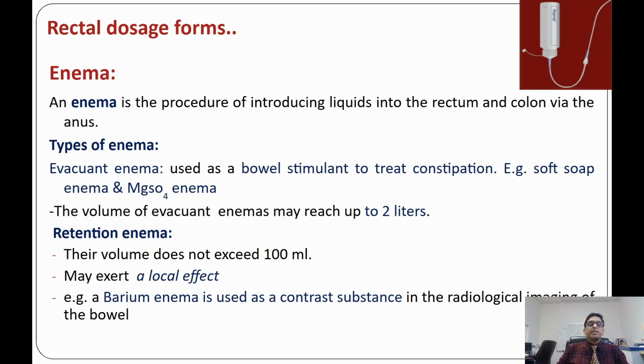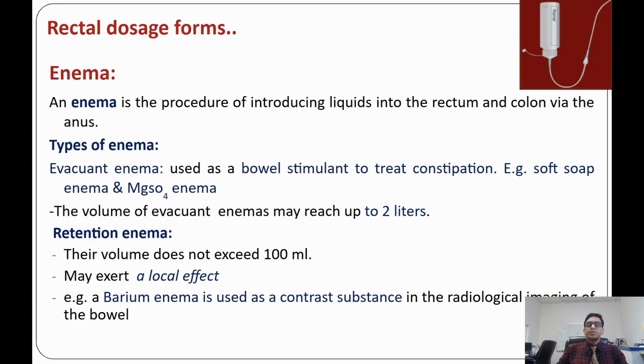Enema. This is a medication used for the rectal dosage form, and enema is the procedure of introducing a liquid into the rectum and colon via the anus. There are two types of enemas. Evacuant enemas are used as a bowel stimulant to treat constipation.